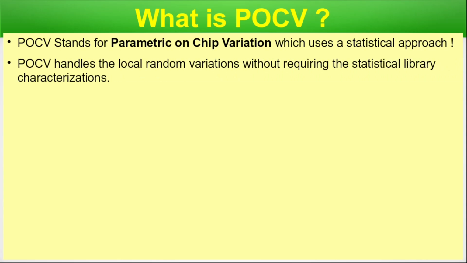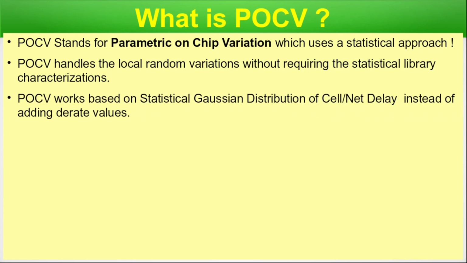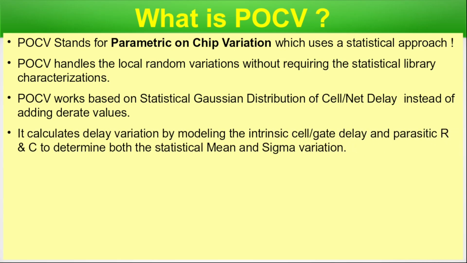POCV handles the local random variation without requiring the statistical library characterization. POCV works based on a statistical Gaussian distribution of cell or net delay instead of adding direct values. It calculates delay variation by modeling intrinsic cell or gate delay and parasitic R and C to determine both statistical mean and sigma variation.